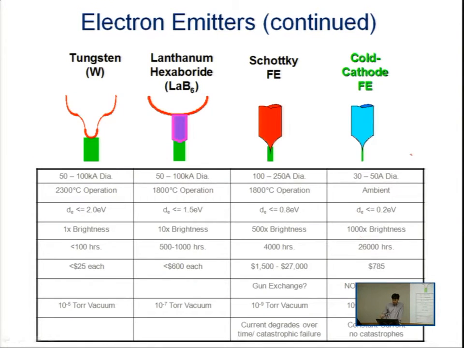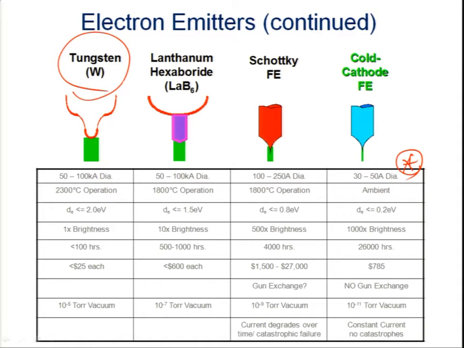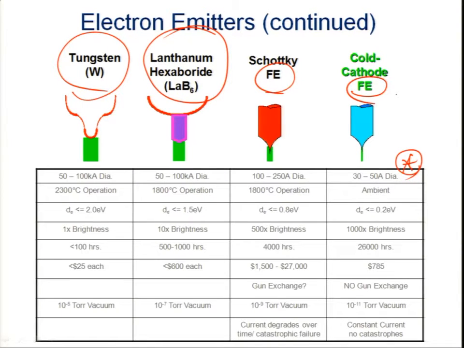This is the same table that I showed you in electron beam lithography. For tungsten and LaB6 thermionic sources, the beam diameter is pretty big compared to the field emission source.